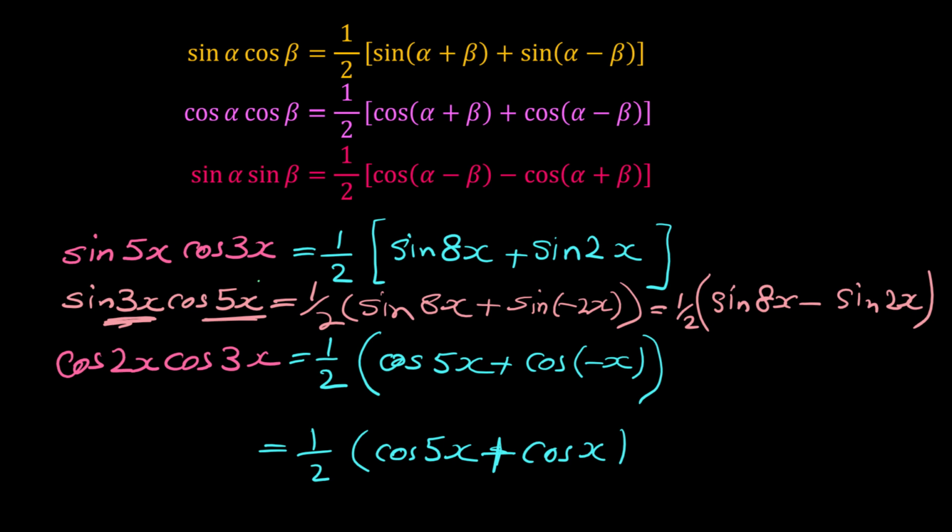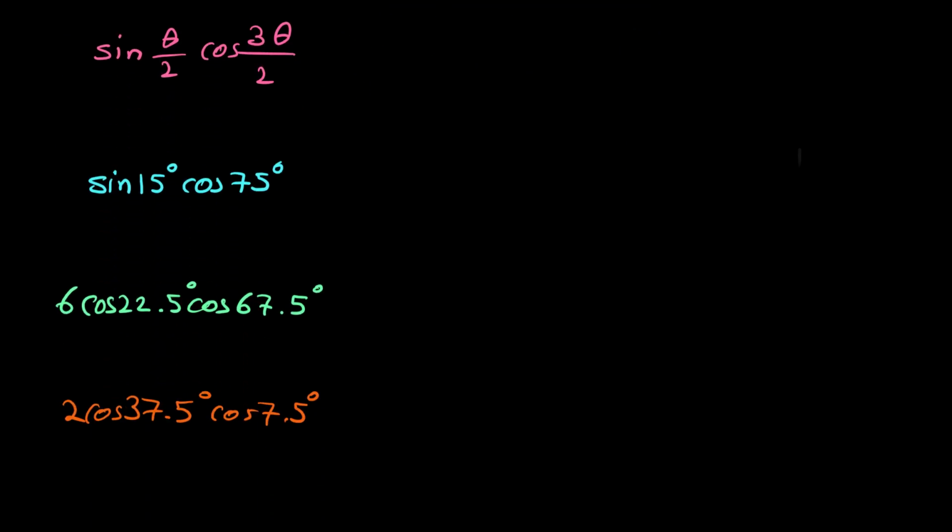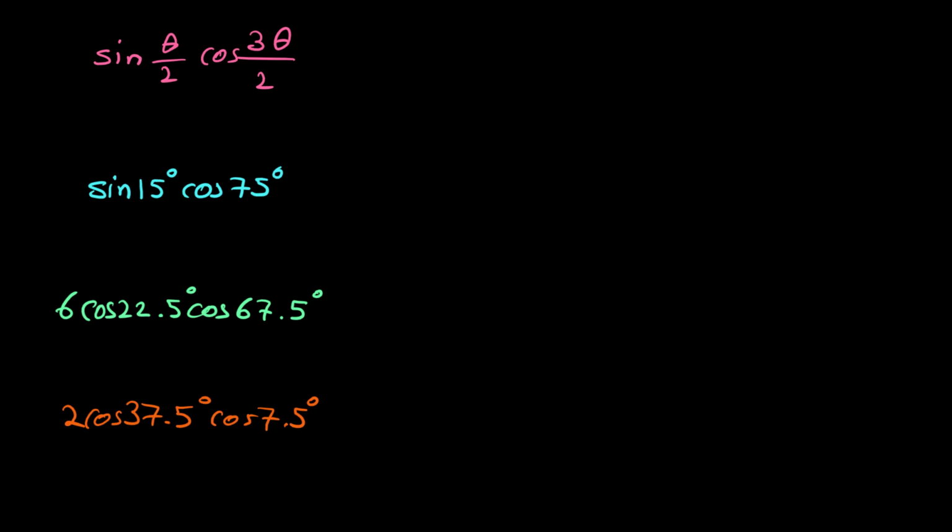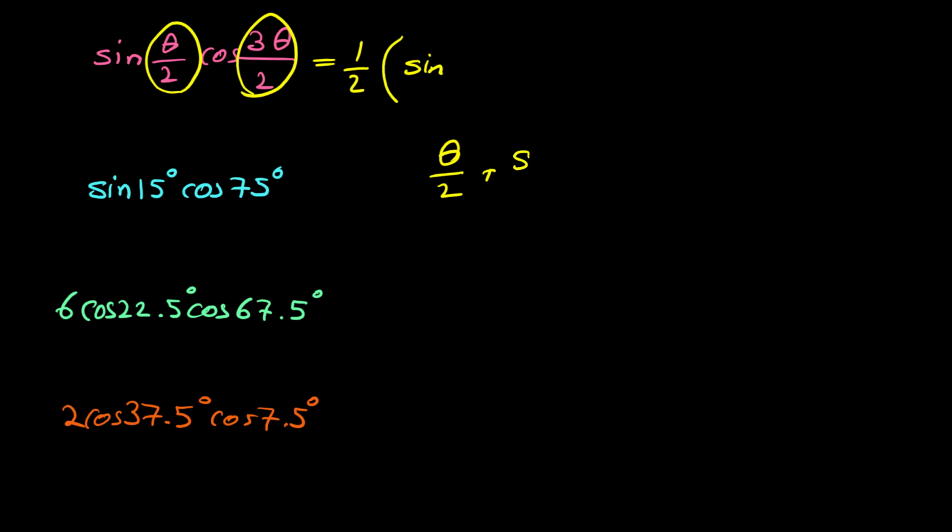Let me show you more examples. Here we have sine of theta over 2 cosine of 3 theta over 2. Based on the formula, this equals 1/2 sine of the sum of the angles, theta over 2 plus 3 theta over 2 is 4 theta over 2, which is 2 theta.